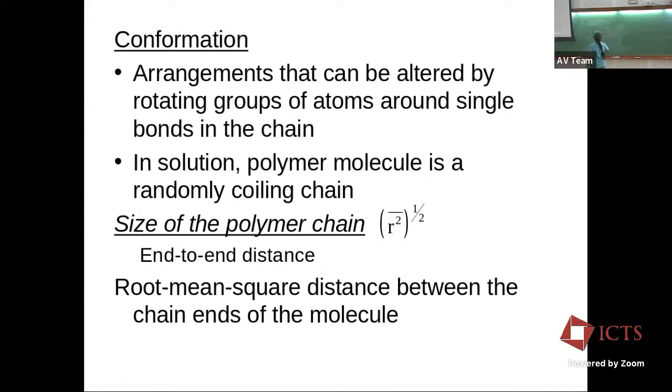Now I define another vector, the end-to-end distance, and I want to find out what that R is.